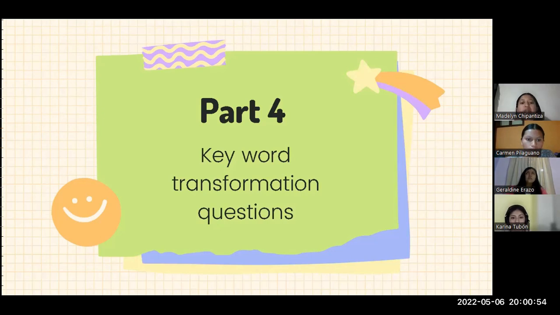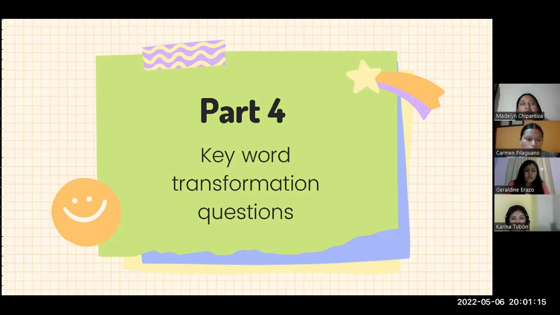Part 4 of reading and use of English is called keyword transformation. Keyword transformation has 6 questions. Each question consists of a main sentence and a second sentence with gaps. The sentence with gaps must be completed using between 3 and 6 words, including the word given.